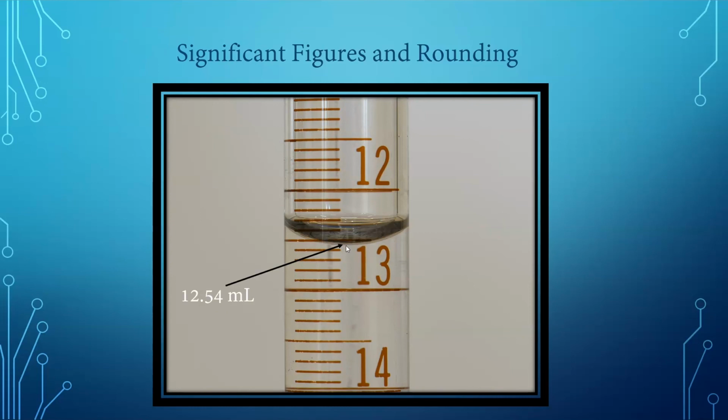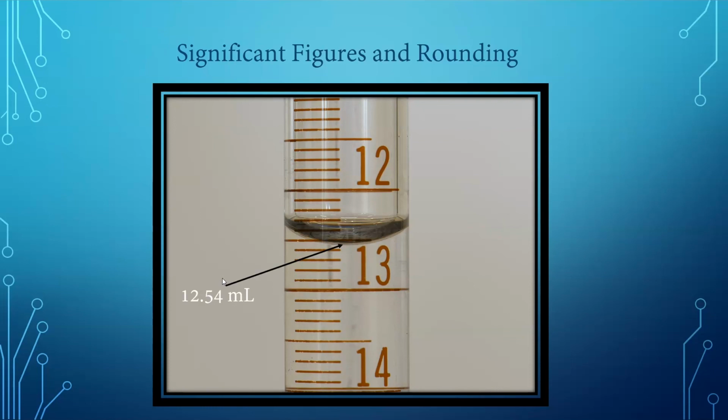You might look at it and think, oh no, I think that's 12.55. Well, we're both right, because remember, the last digit in a measurement is always assumed to be inexact. It could be one digit higher or lower. So if we reported this as 12.54, what we're telling people is it's somewhere between 12.53 and 12.55.